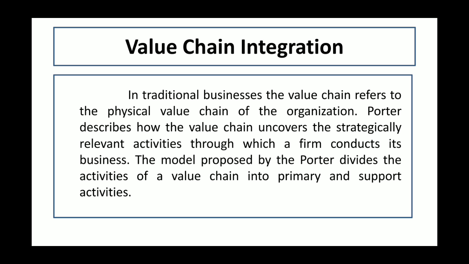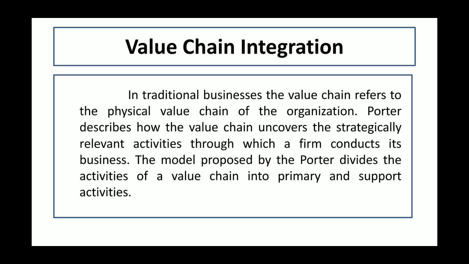Porter describes how the value chain uncovers the strategically relevant activities through which a firm conducts its business. The model proposed by Porter divides the activities of a value chain into primary and support activities. Business firms will decide the value chain.